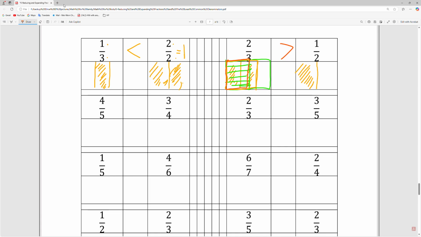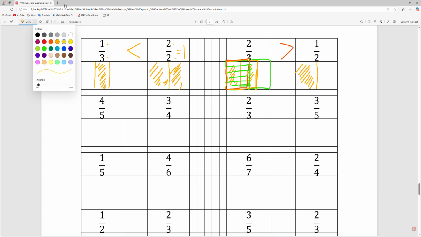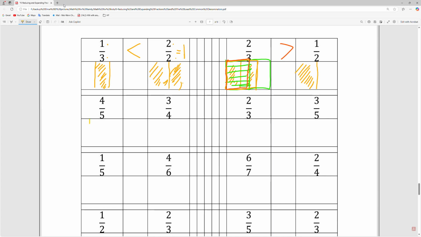You can try to draw picture again. Let me try one more for you. 4/5 and the 3/4. So let me see. We can use a lighter color. 4/5. So we cut in 5 pieces.